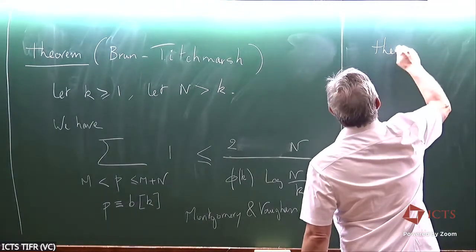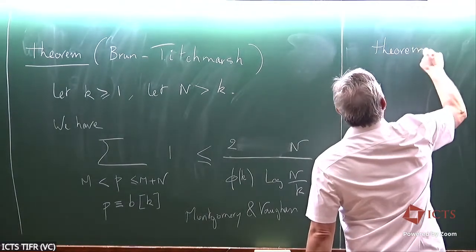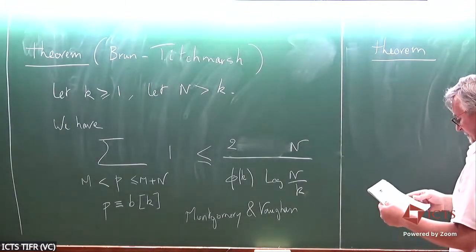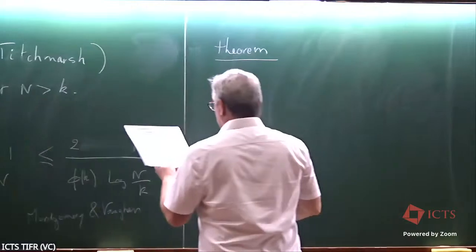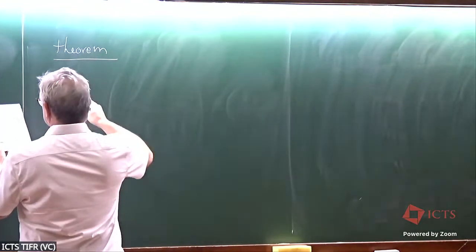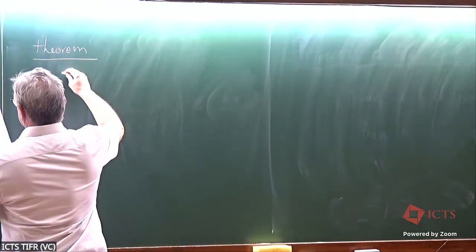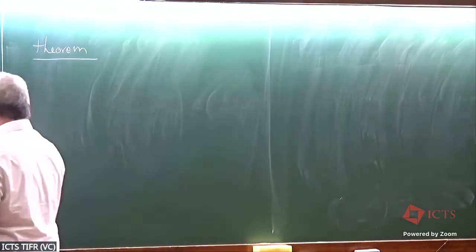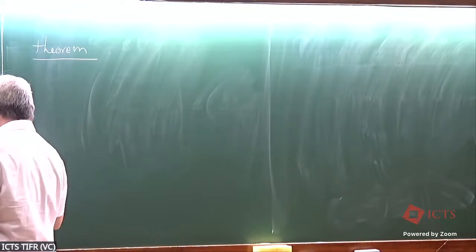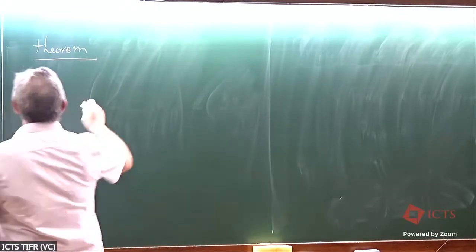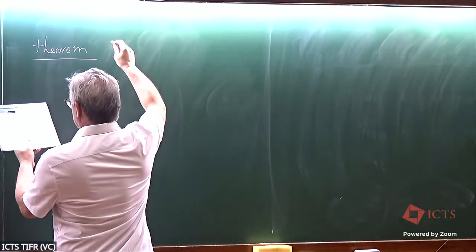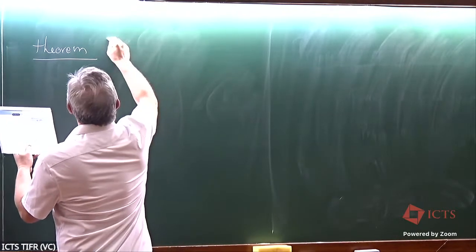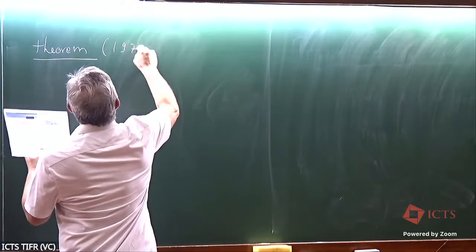Theorem. It should be in the 70s. I have to be a bit precise because otherwise you run into difficulties. So this one is 1973, and this one should be let's say about 1979.